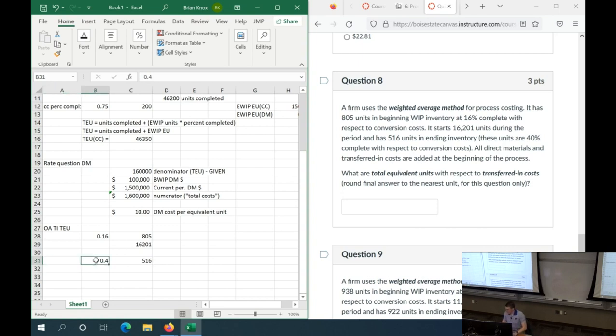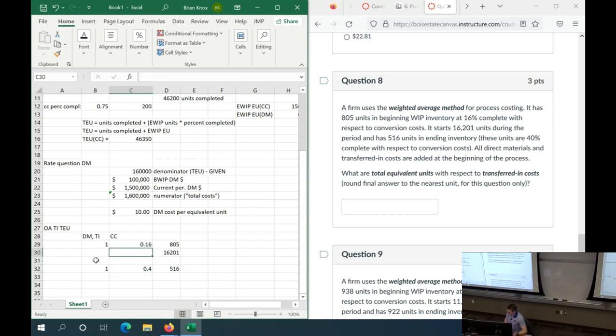So here, let me expand a little bit. We have a dumb little if statement here. This is DM and TI percent complete. This is CC percent complete. I wrote down from the question how complete each beginning WIP and ending WIP is with respect to conversion costs.